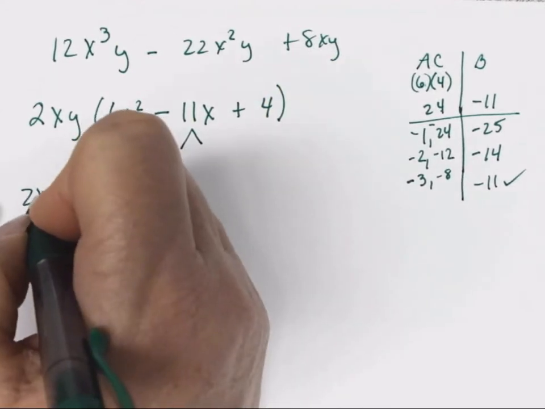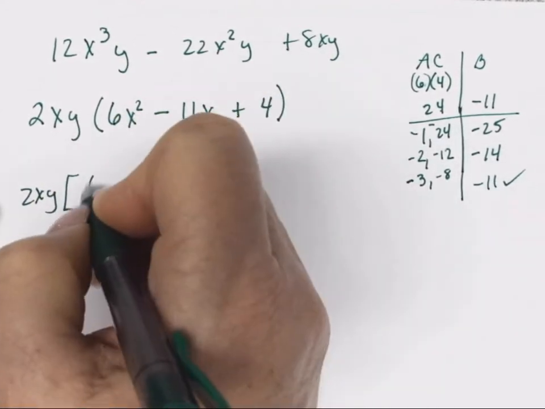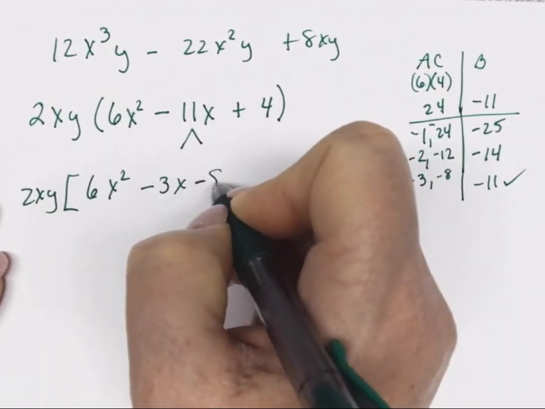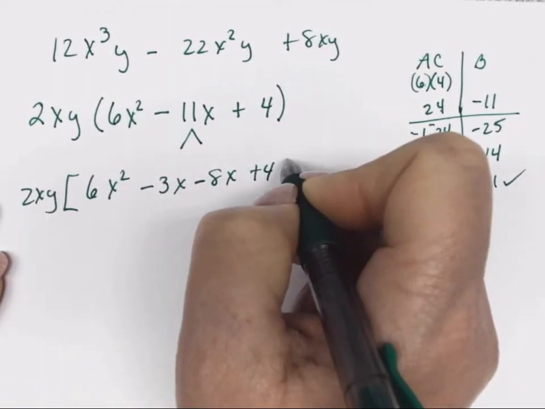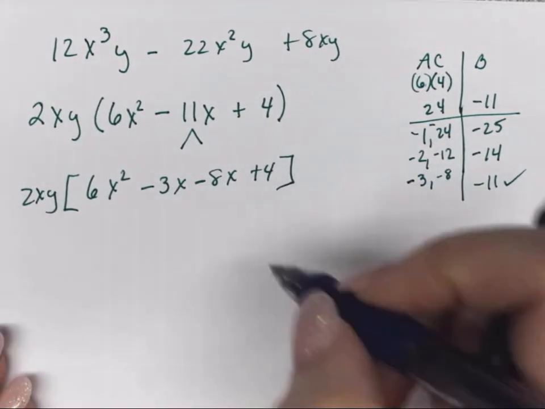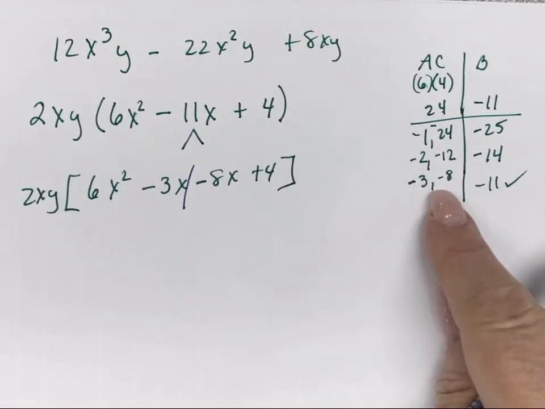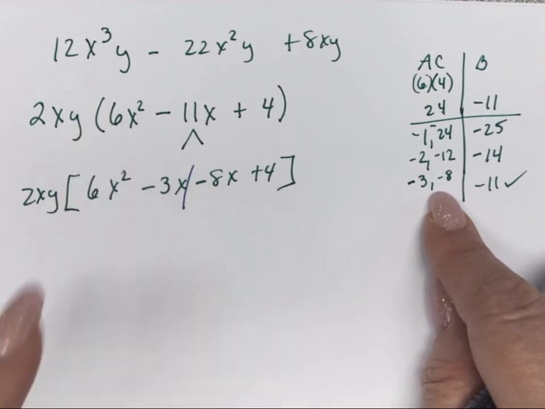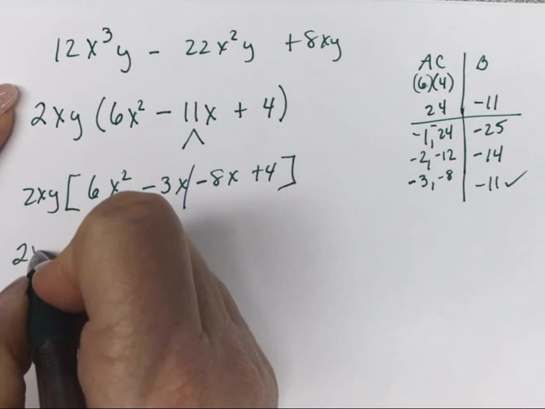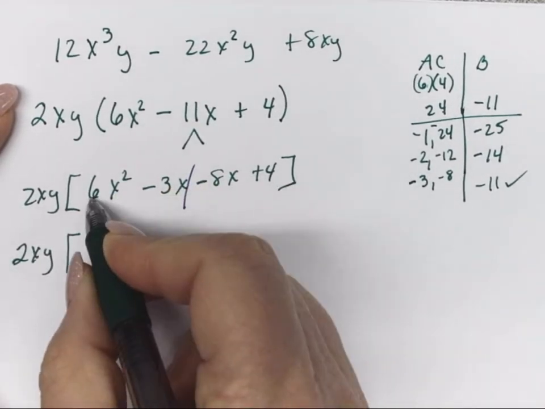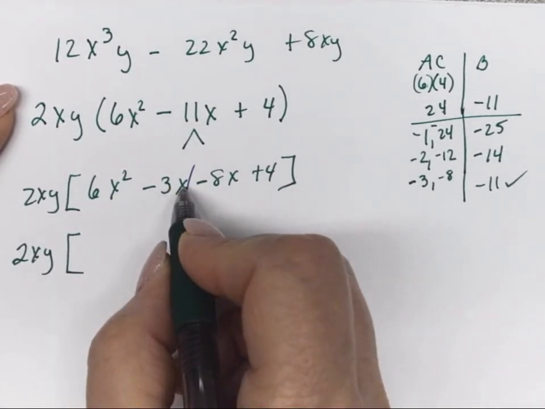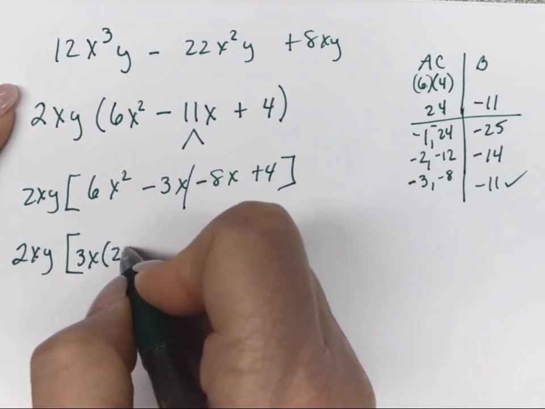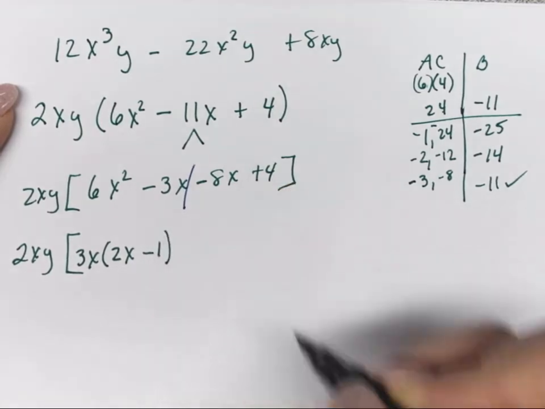All right, so we have 2xy bracket 6x squared minus 3x minus 8x plus 4. And now I'll factor by grouping. We cannot go straight to the answer this time because we have something other than 1 out front. 2xy, between a 6x squared and a 3x, we can factor out a 3x, and we end up with 2x minus 1.